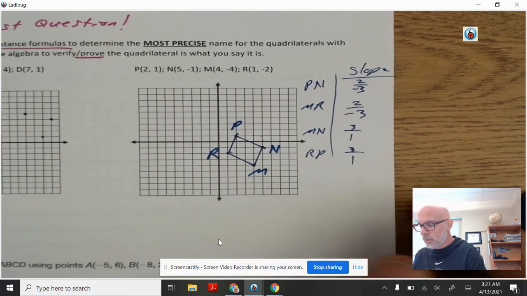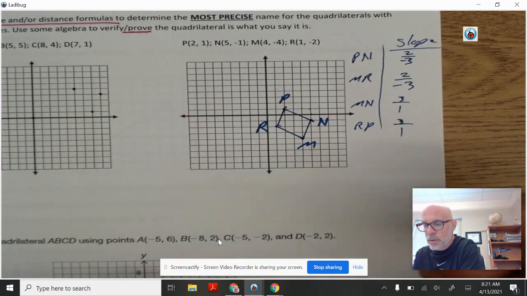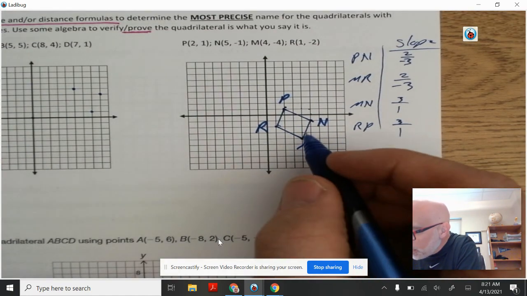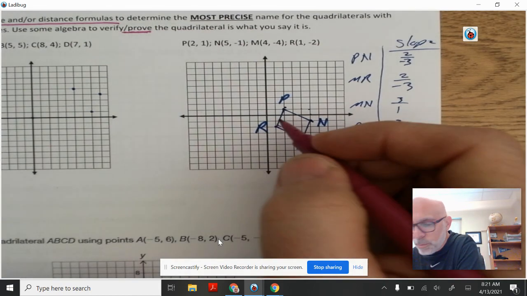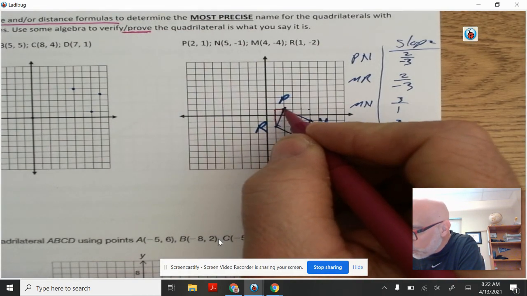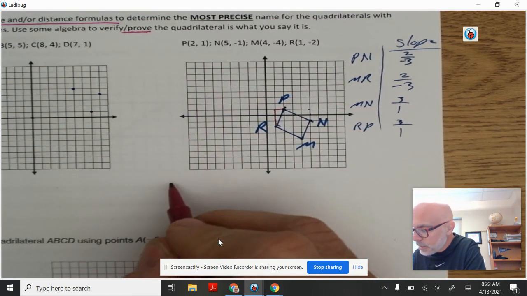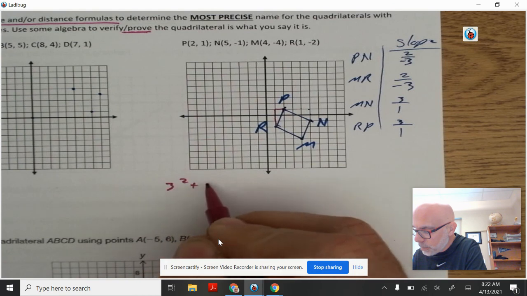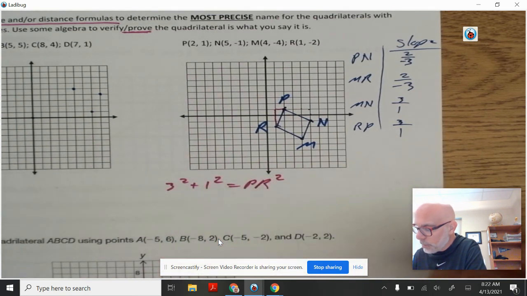What I would do to verify my distances is use the Pythagorean theorem. You learned this a long time ago: when I count my rise and my run, that basically sets you up for the Pythagorean theorem. So when I counted up 3 over 1, I can use that to help me find PR. I could say 3 squared plus 1 squared equals PR squared.